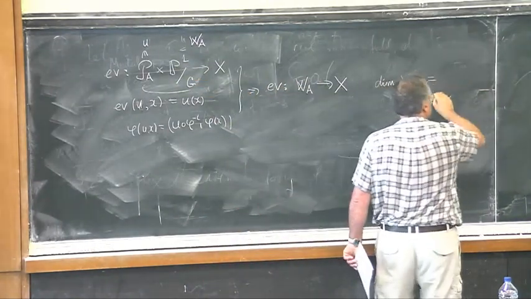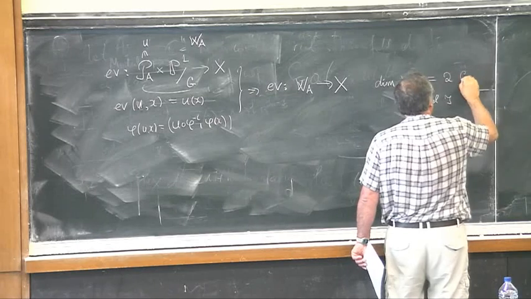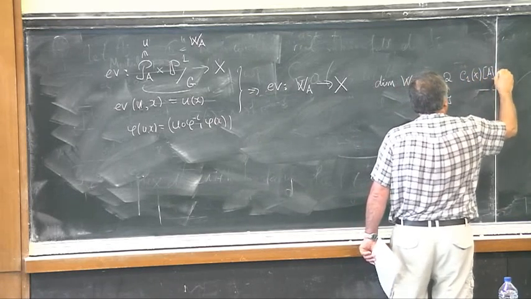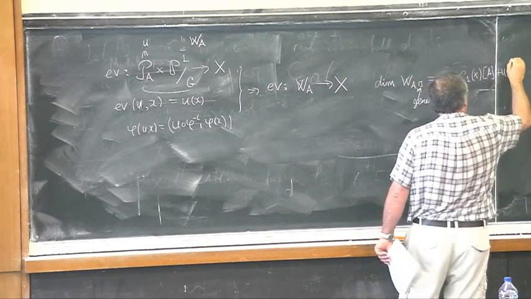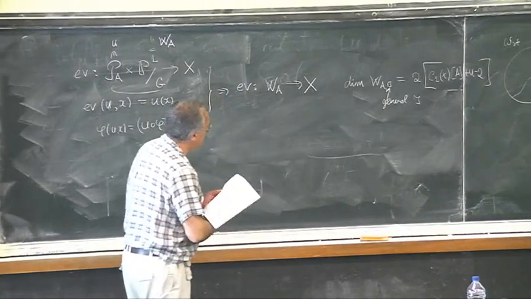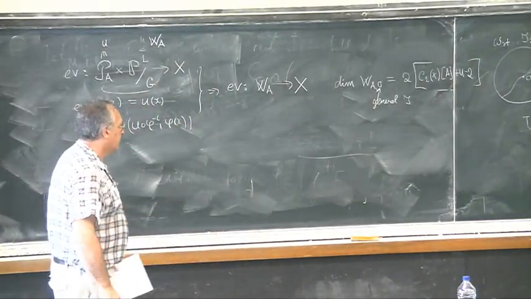So index plus 2 will be 2 times C1 of X evaluated on A plus n minus 2. This is the dimension of W_J.